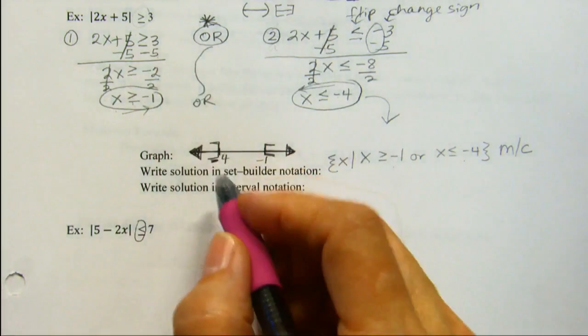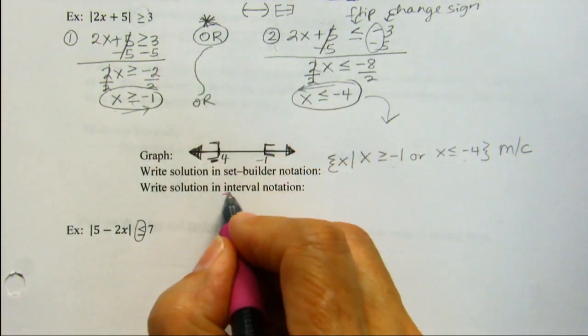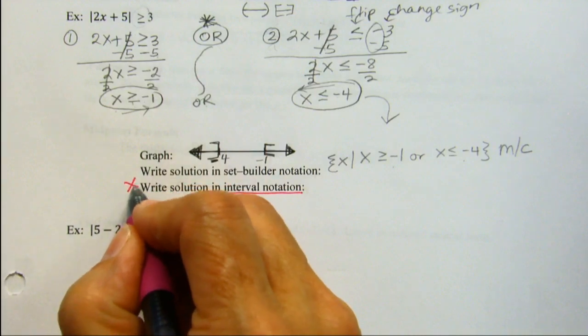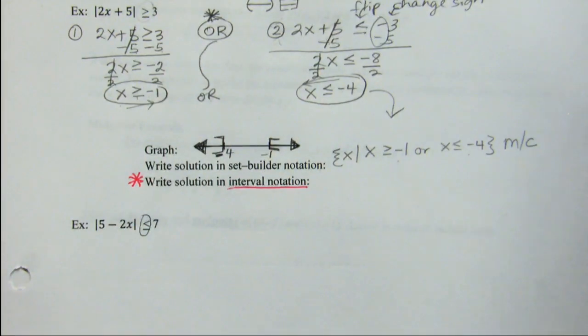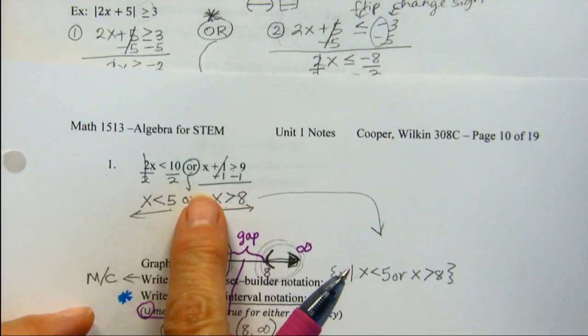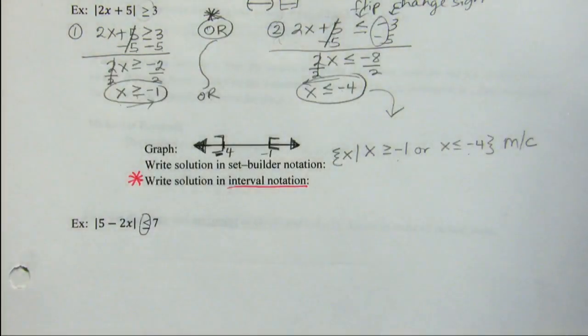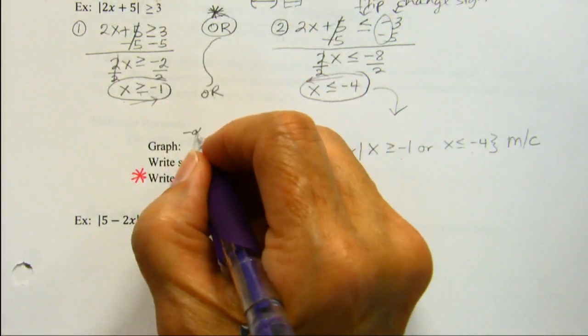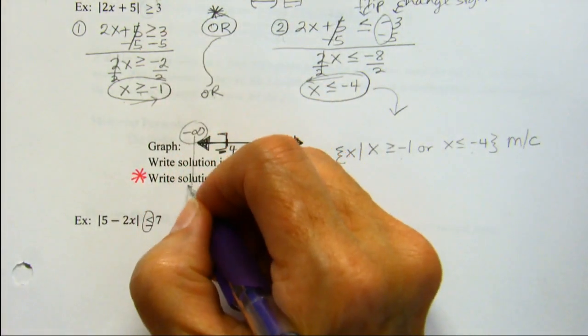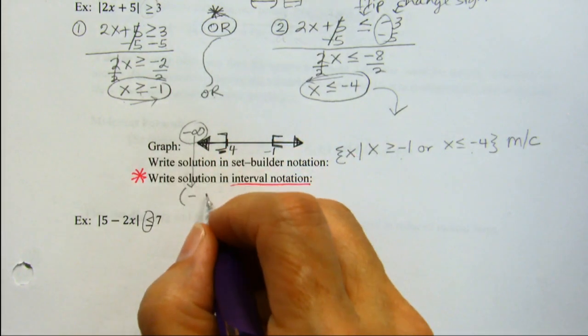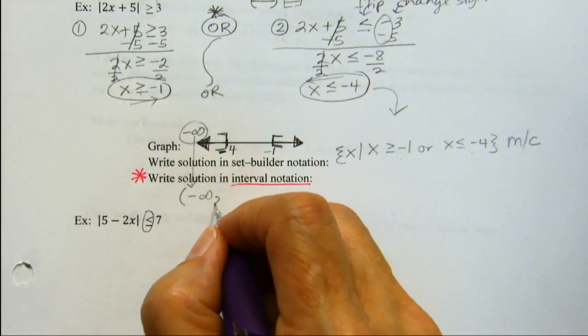And then interval notation. Remember, this is special because it's an OR. We have to use that union. So -infinity starts me out. Parenthesis -infinity, comma.